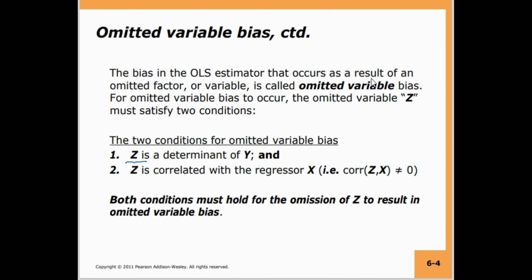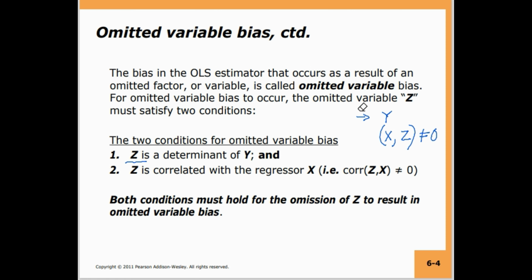If z that you had originally dropped is a determinant of y, that means z has an effect on y, and z is also correlated with x. Okay, so if these two conditions are met, then you may arrive at a biased estimate of beta 1 hat. So both of these conditions are necessary.